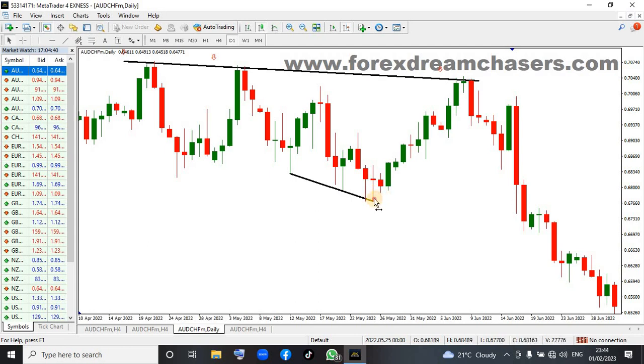Eventually you know that we have a trend line flip. Okay, we're gonna take it up because of the trend line. Just give me a moment.